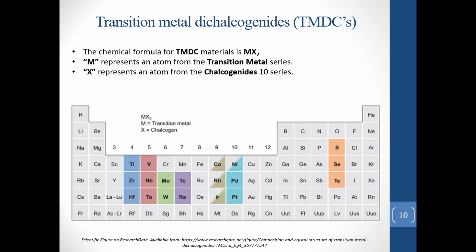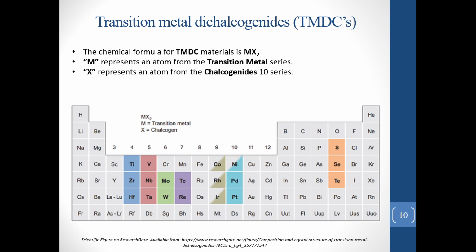Now move on towards the transition metal dichalcogenides, TMDs. The chemical formula of a TMD is basically MX2. M represents the transition metal, and X represents the chalcogen atoms. As you can see, this is the periodic table.